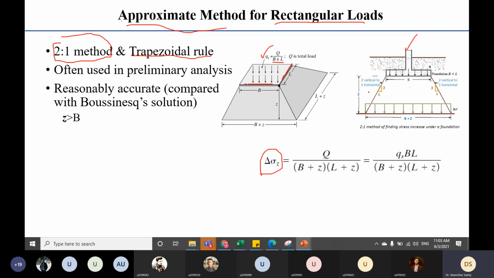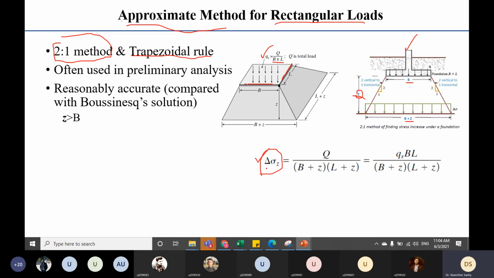Now you have to transform this stress to any depth z where you want to calculate the added stress component due to this rectangular footing. So z is the depth at which you want to calculate, and if this is the width, this will become B plus z. I am not going to talk about the geometry, but this is the formula.